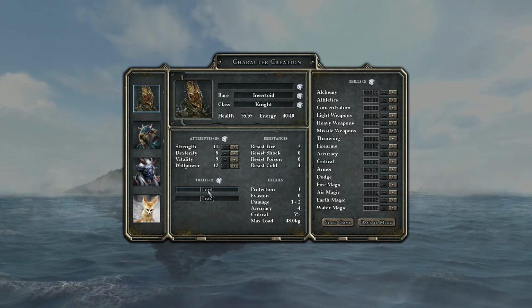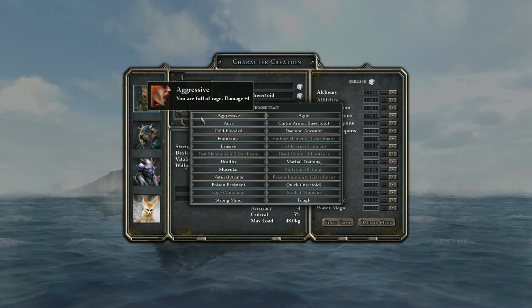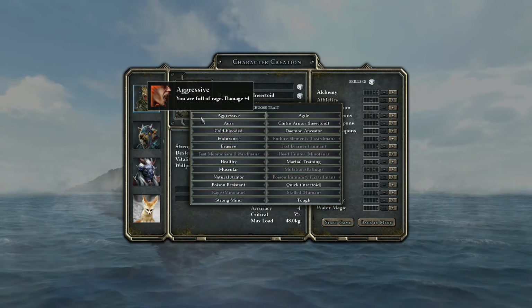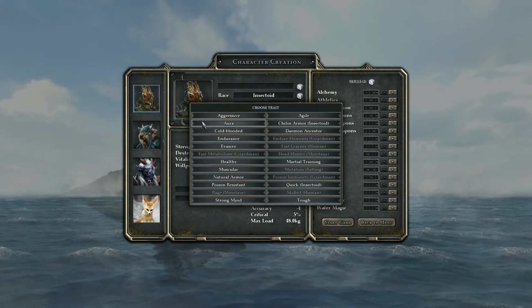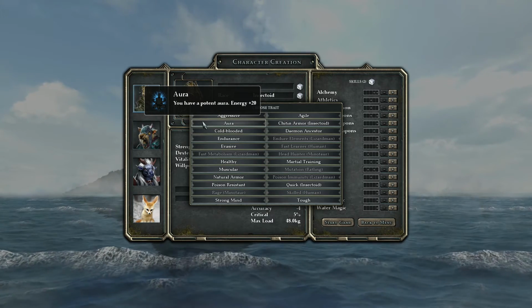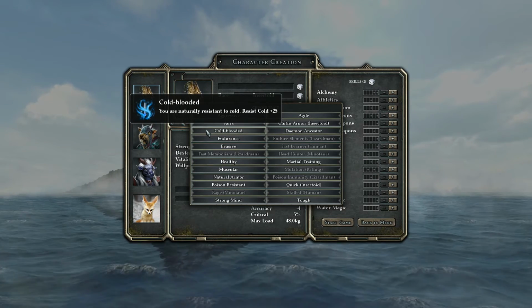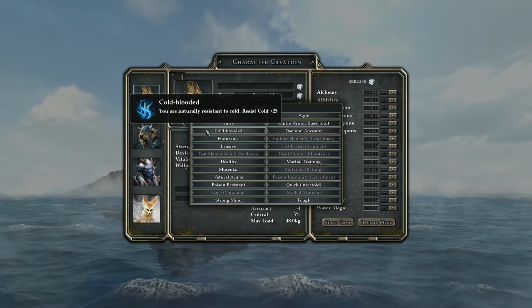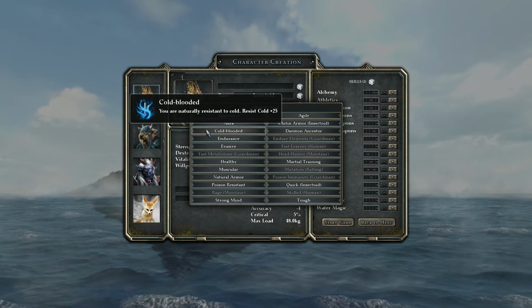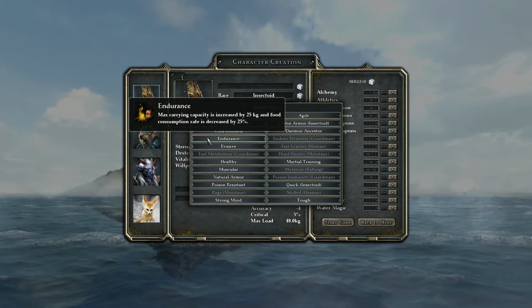Everybody can see everybody's traits at the very beginning, so if we can just read through this once. Aggressive. You are full of rage, plus 4 damage. Aura. You have a potent aura. Energy, plus 20. Cold-blooded. You are naturally resistant to cold, plus 25% cold resistance. Endurance.